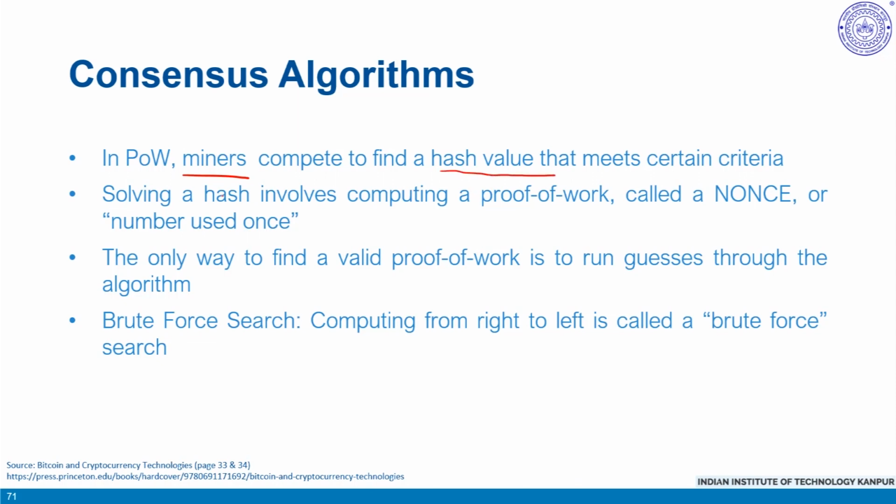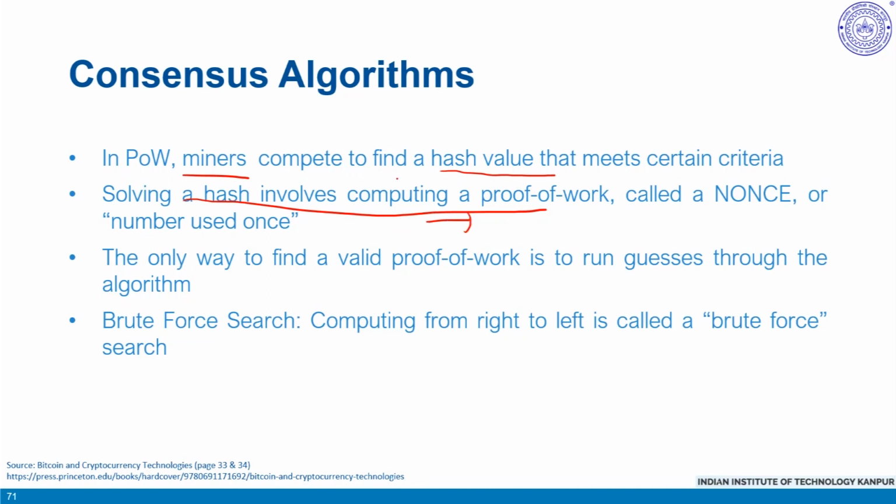Now, solving a hash function involves computing a proof of work called a nonce, or number used once, that when added to the block causes the block's hash to begin with a certain number of zeros. Once a valid proof of work is discovered, the block is considered valid and can be added to the blockchain.